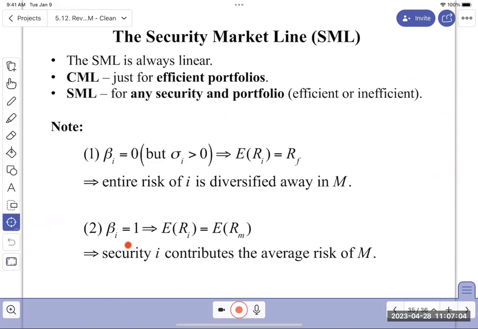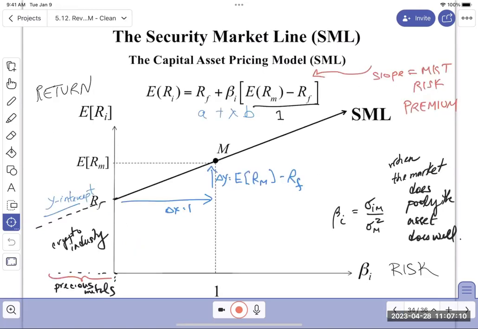So for any asset with a beta of 1, this relationship traces from risk to return. If the risk of an asset, measured by beta, is 0, it's going to have the same expected return as the risk-free rate. If the beta of an asset is 1, it's going to have the expected return of the market portfolio.